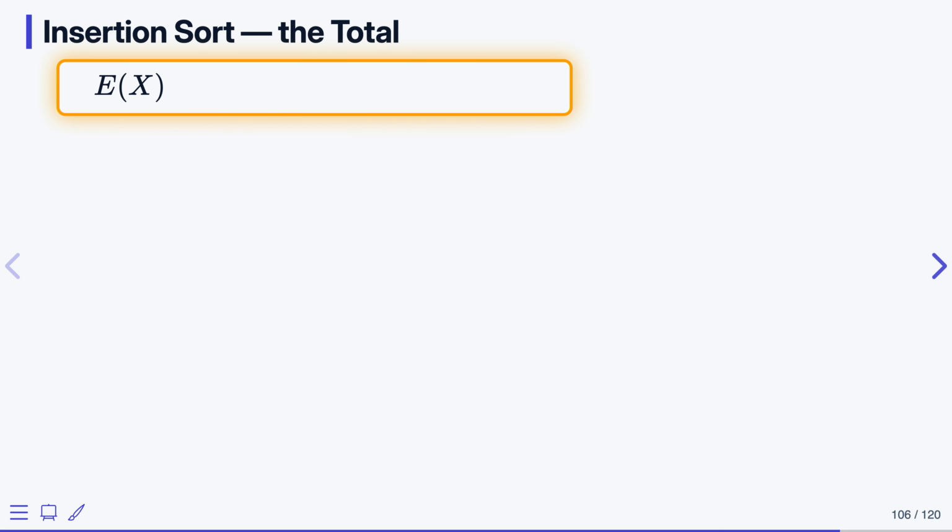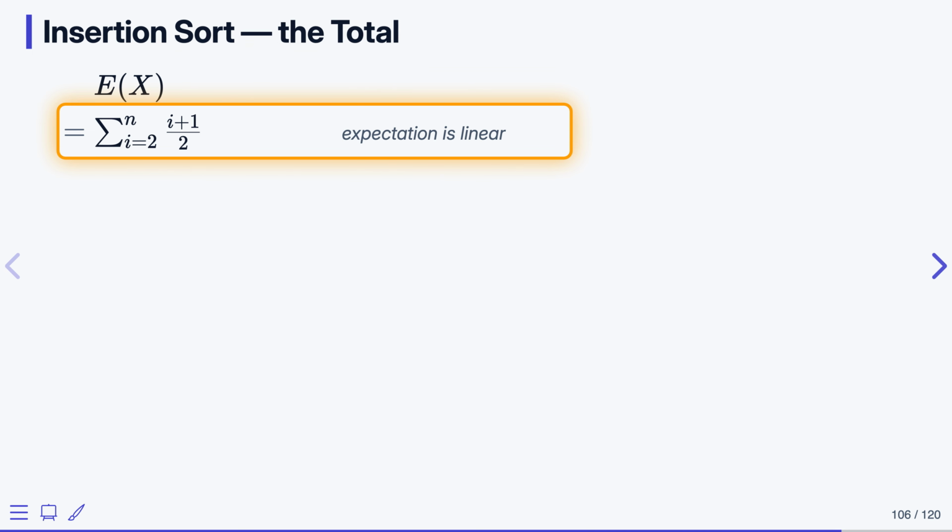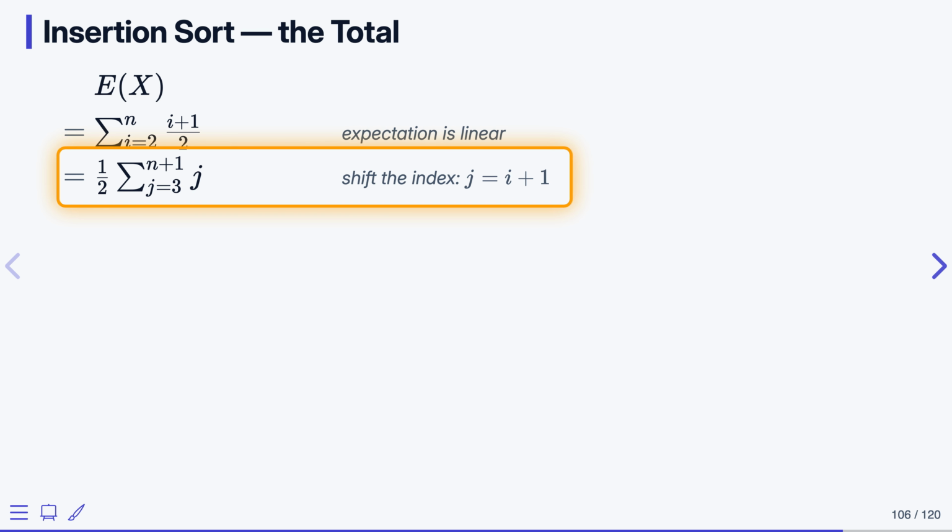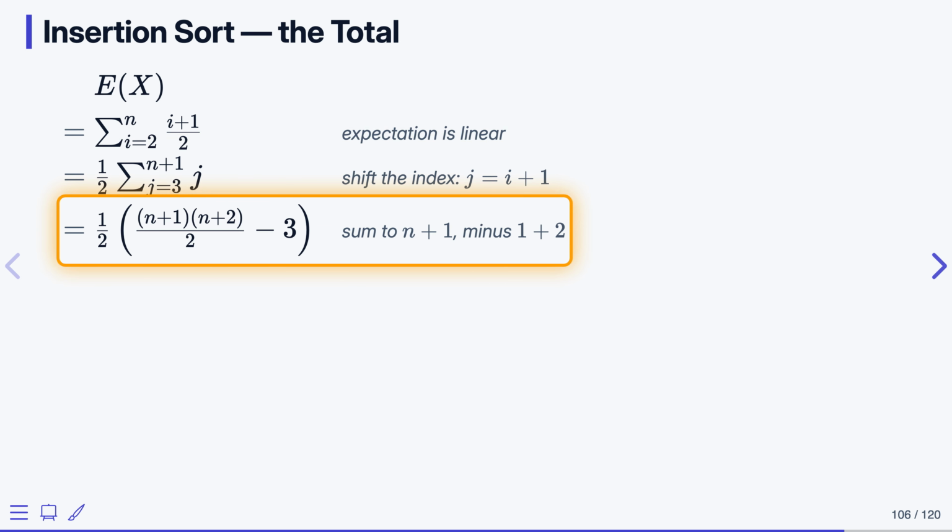Now add the pieces together. We want the expected value of X. By linearity, the total is the sum from i equals 2 to n of (i plus 1) over 2. Shift the index. Let j be i plus 1, then j runs from 3 to n plus 1. The sum from 1 to n plus 1 is (n plus 1) times (n plus 2) over 2.